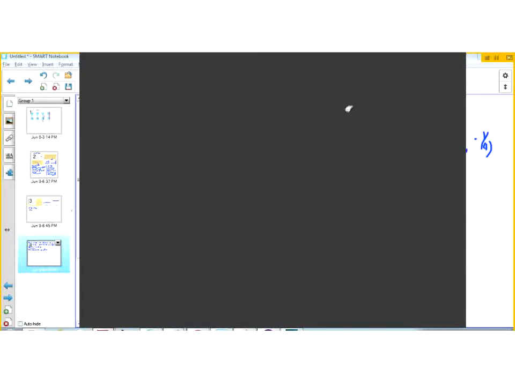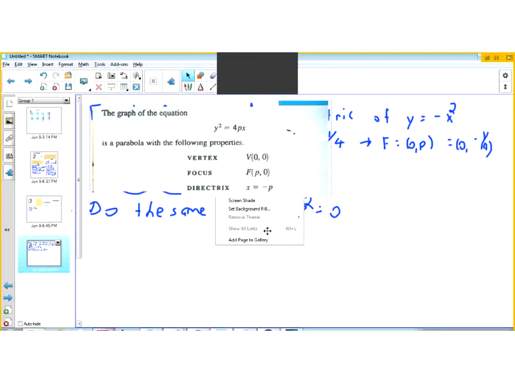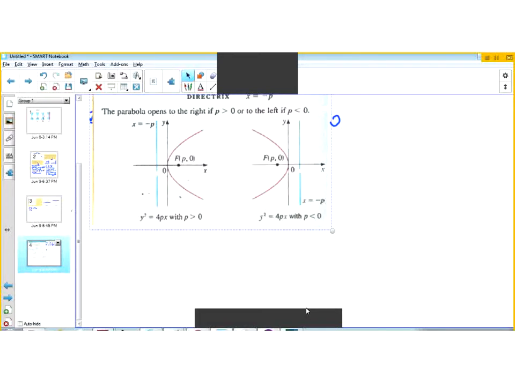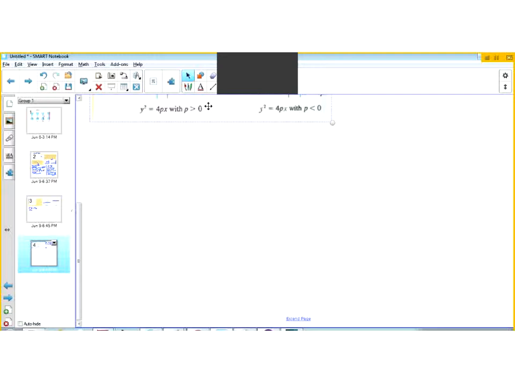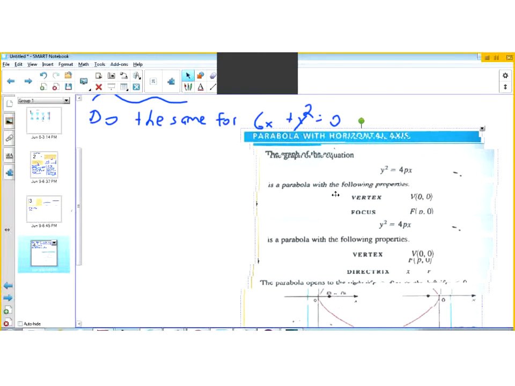So, parabola with horizontal axis. All right, so we have the following concepts.